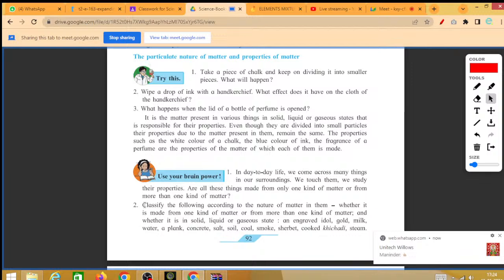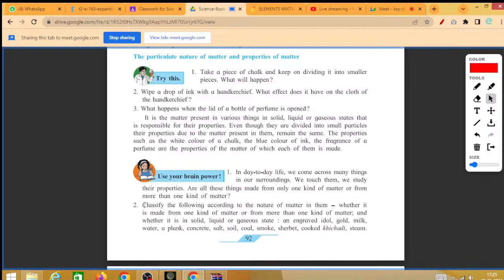Water, Harshal? Miss, more. Okay. A plank, Yukti? Plank is a wooden thing. Very good. Concrete, Anjali? It is solid, but is it made up of one type of matter or more? More.